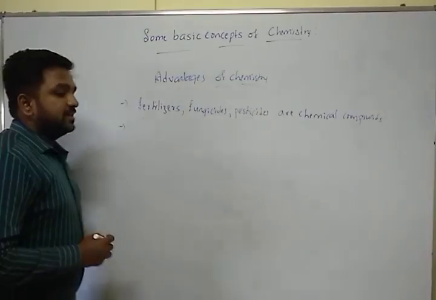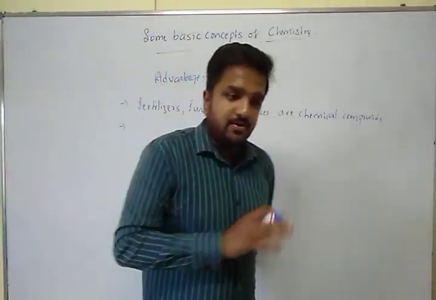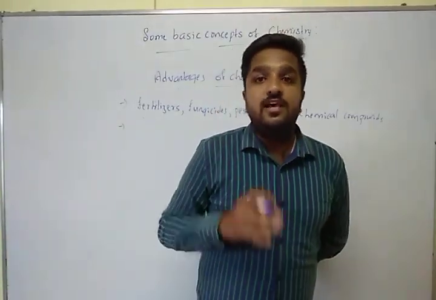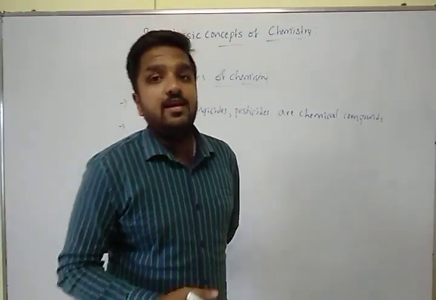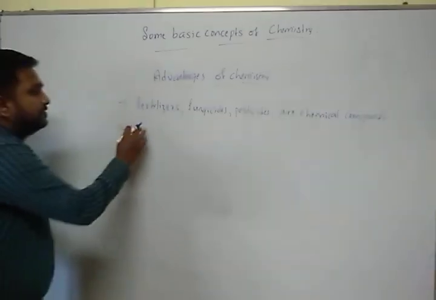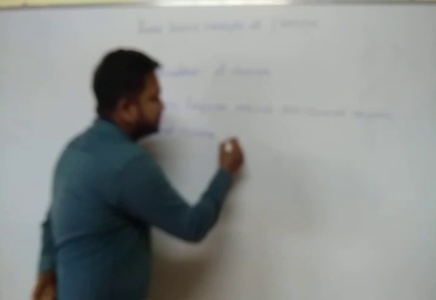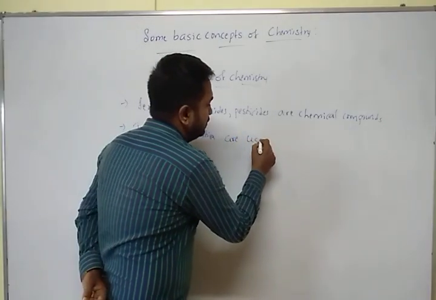And the second one is in the field of pharmacy. Clear? So there is a huge application of chemistry in the field of pharmacy in order to improve the health rate. In the field of pharmacy we have n number of medicines, and in that Taxol and cisplatin are used in cancer therapy.